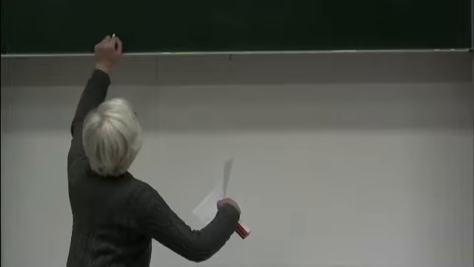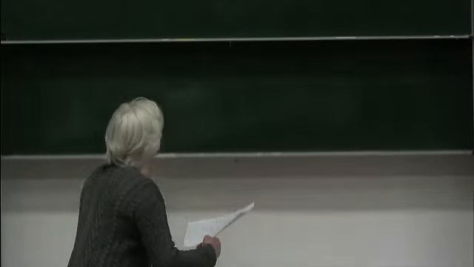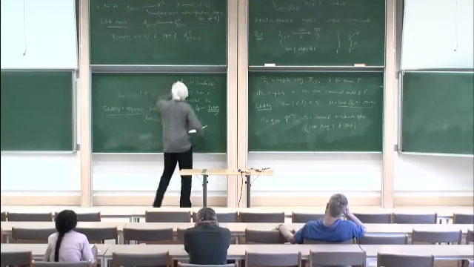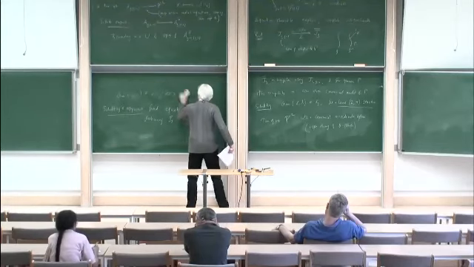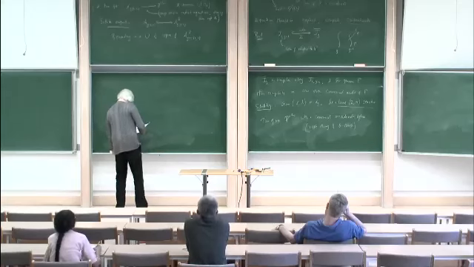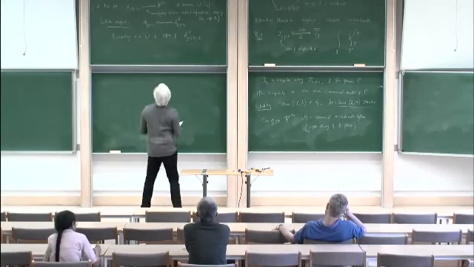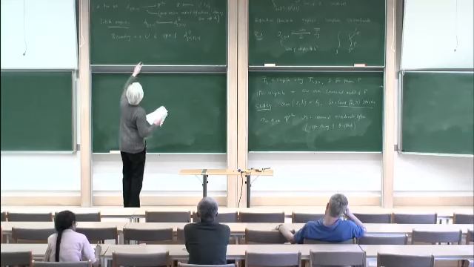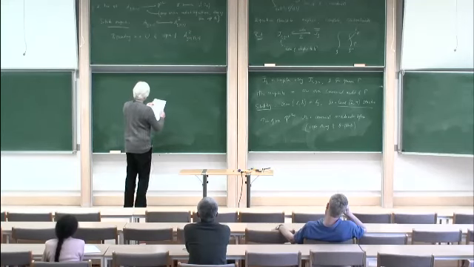All right. So this map from the moduli space to projective space extends to the Schottky compactification.